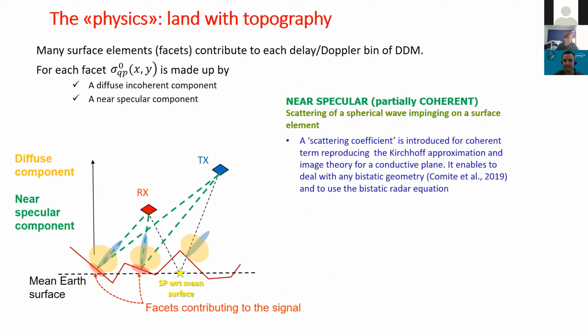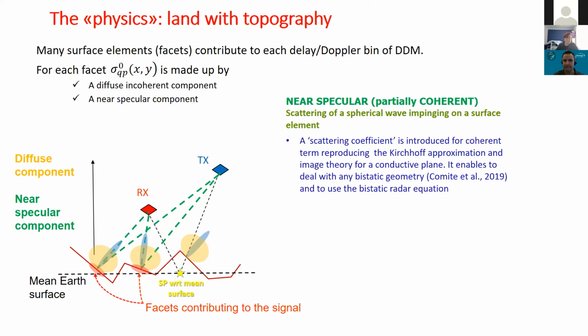The near specular component is partially coherent because the wave impinging on the surface is a spherical wave and the surface element is finite. It is possible to introduce a scattering coefficient also for the coherent component.